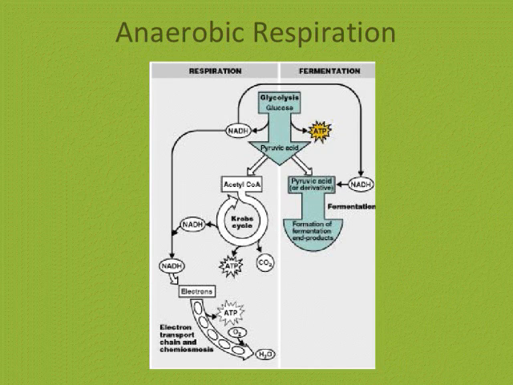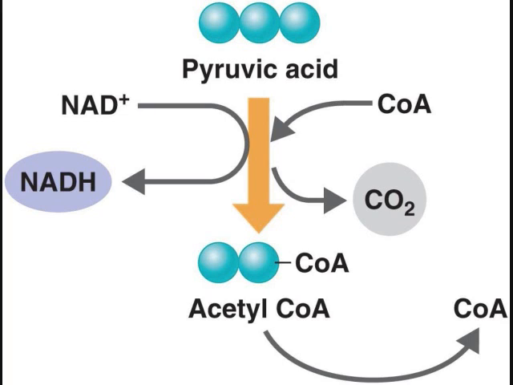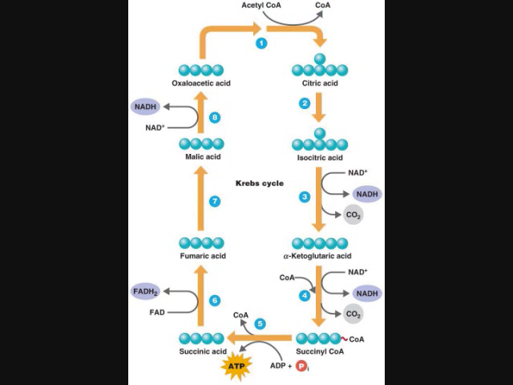Pyruvic acid then enters the Krebs cycle. It is transformed into oxaloacetic acid, and the acetyl group from acetyl-CoA is donated to generate citric acid, which then transforms into isocitric acid, which is oxidatively decarboxylated via the reduction reaction of NAD+ to NADH to form alpha-ketoglutaric acid.